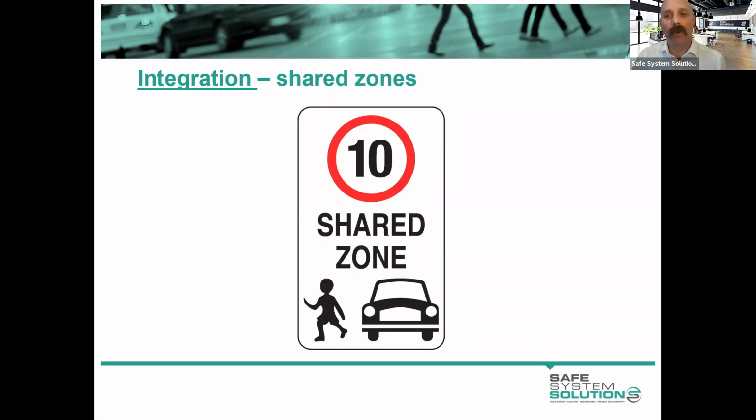And the final one in our three strategies for pedestrian safety is integration. And this is where you are actively mixing vehicles and pedestrians. The shared zone is a common way to do that. Certainly in a lot of jurisdictions, this is a legislative thing in the road rules, where a shared zone actually requires vehicles to give way to pedestrians throughout the whole zone.